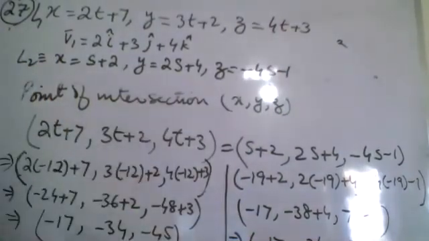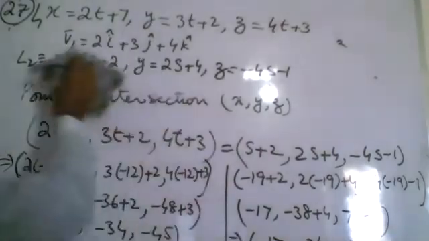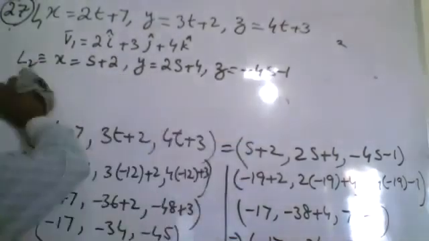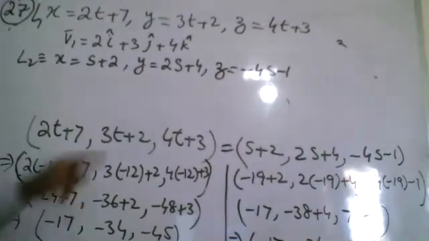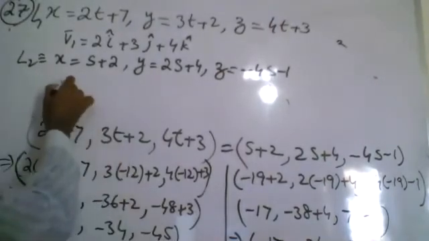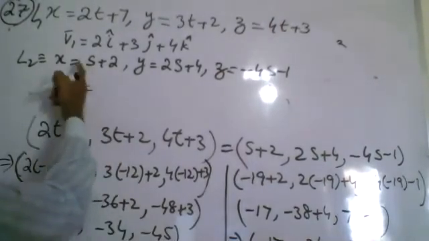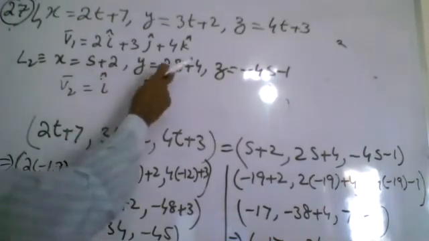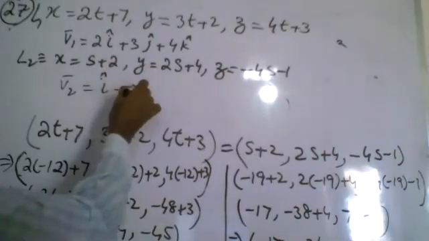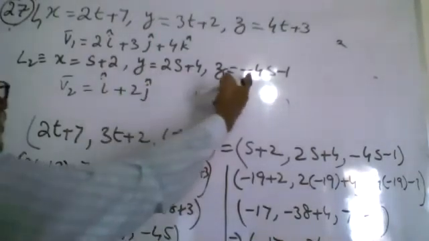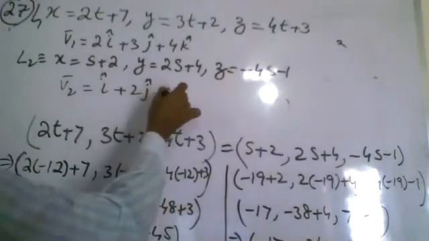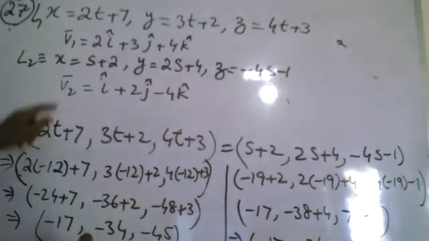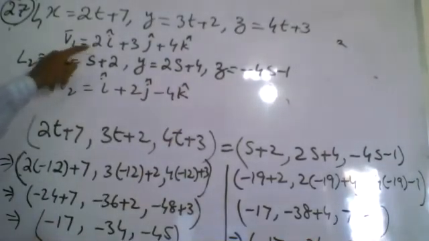So we'll find the vector v2. This is 1s, so 1i, 2s, so 2j, minus 4s, so minus 4k. This is the vector v2. v1 is this one, v2 is this one.